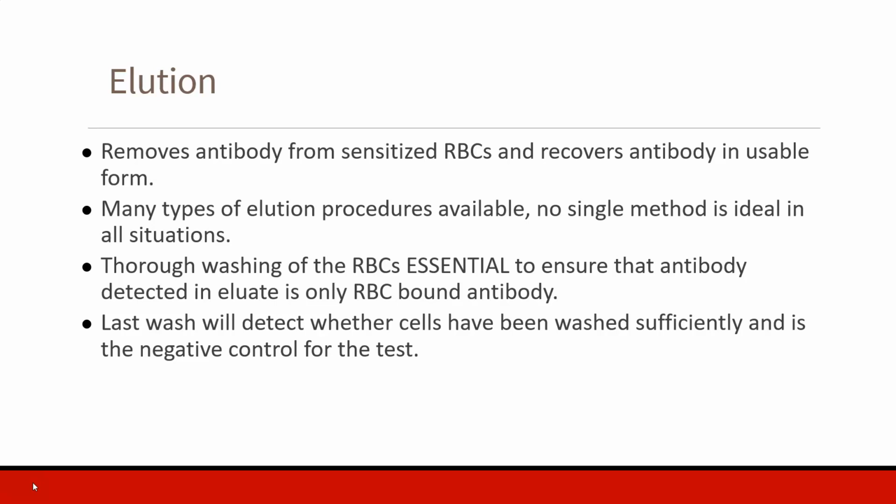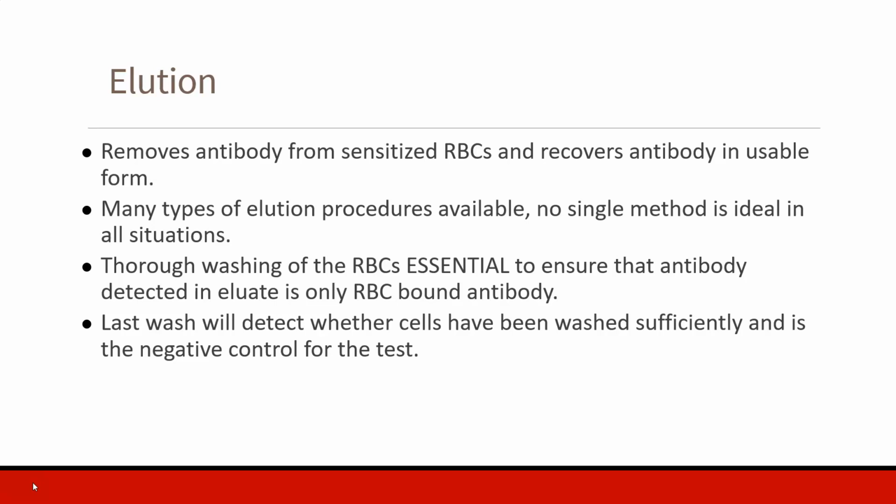And so I washed her cells the traditional way, 20 drops 3 times, and you use a pipette to decant the solution. If you pour it in the sink, how many drops did I say we use? 20 drops. If you decant in the sink, you're going to lose half of your red cells or the majority of your red cells. So you carefully pipette off the supernatant.